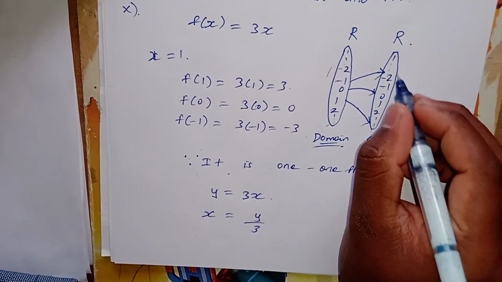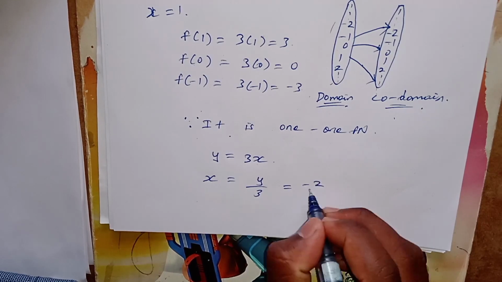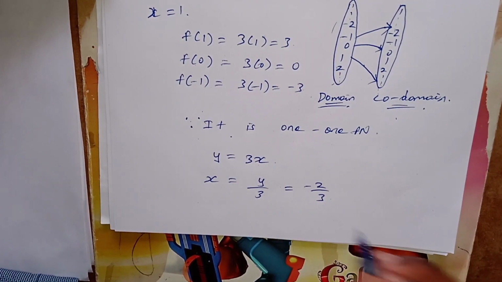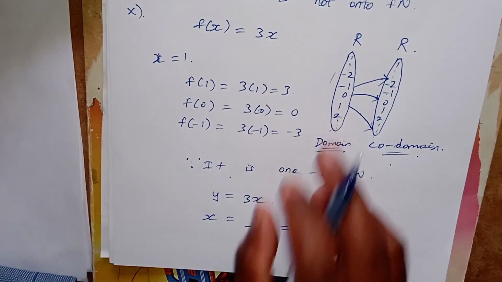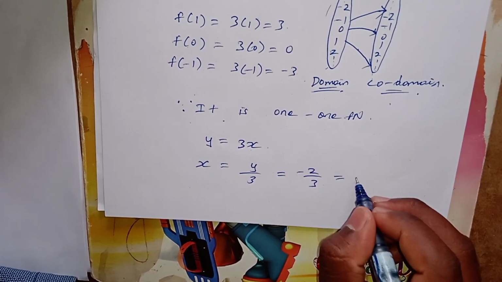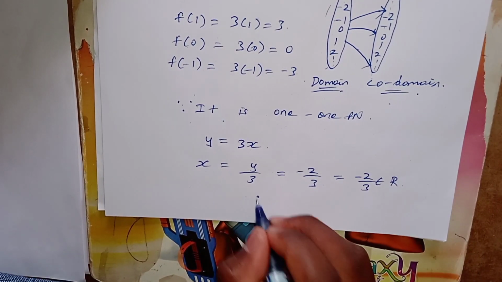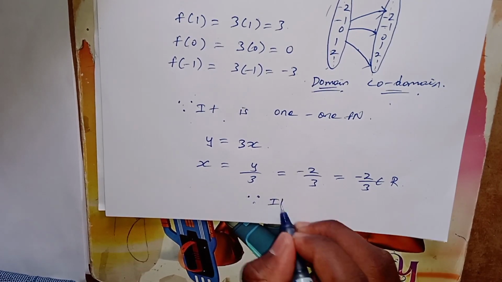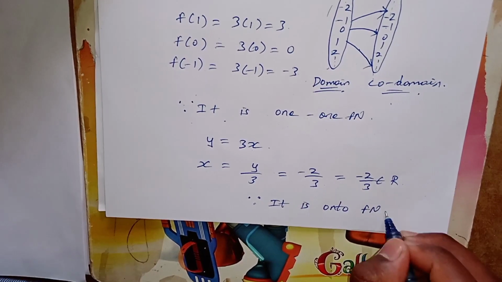I am taking minus 2 image, minus 2 by 3. Therefore, minus 2 by 3 also belongs to real numbers. Therefore, here it is an onto function.